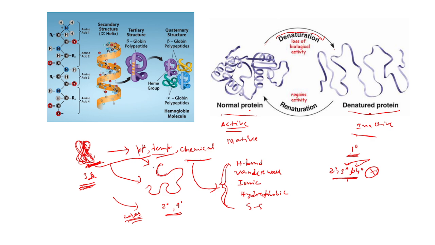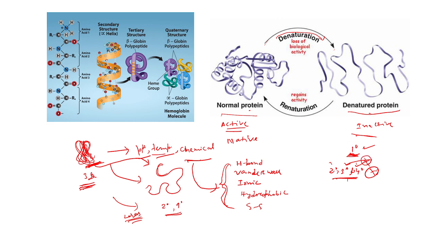That means it is unfolded again to the previous one. So in the denaturation process, the primary structure remains the same, but the tertiary and the quaternary structure do not have the same structure as in the native.